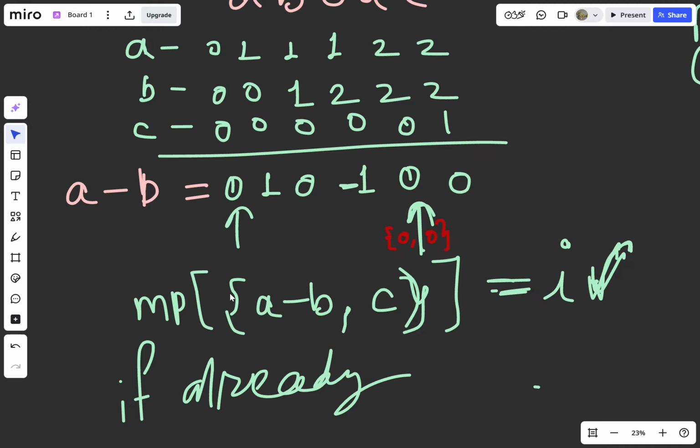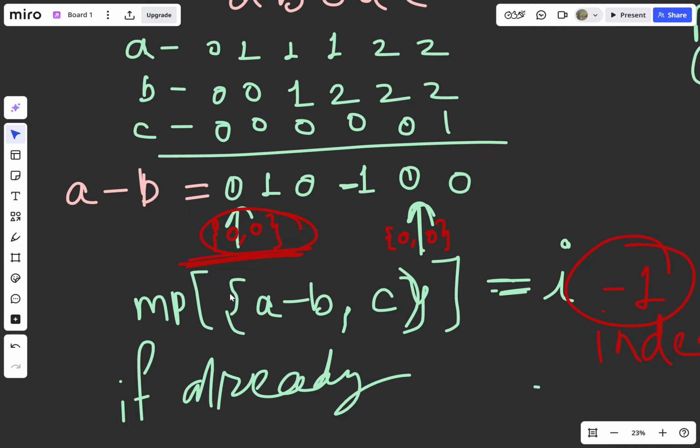Here A minus B is equal to 0 and the count of C is also 0. So for the first occurrence of this pair, we will assign it the index minus 1.